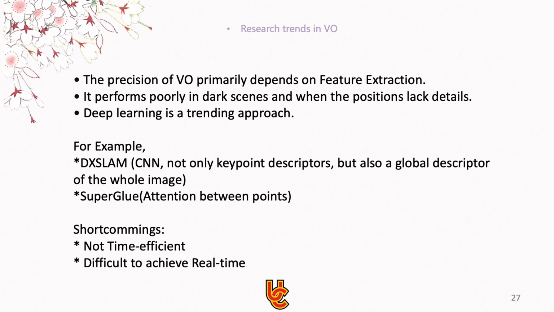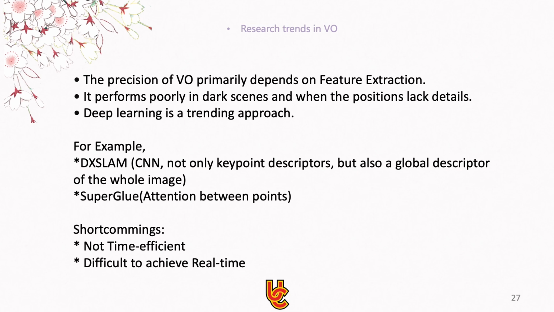For example, there is a SLAM called DX-SLAM. DX-SLAM uses a CNN to not only extract the keypoint descriptors, but also extract a global descriptor for the whole image. And SuperGlue uses an attention method between the feature points to achieve good matching.